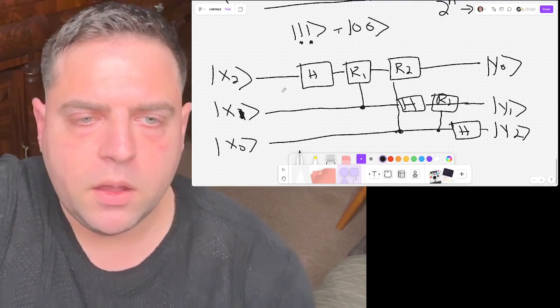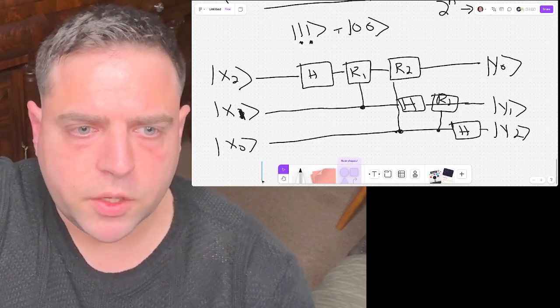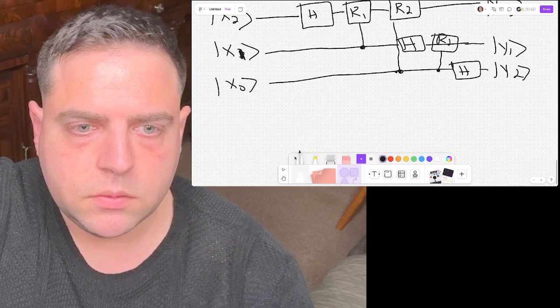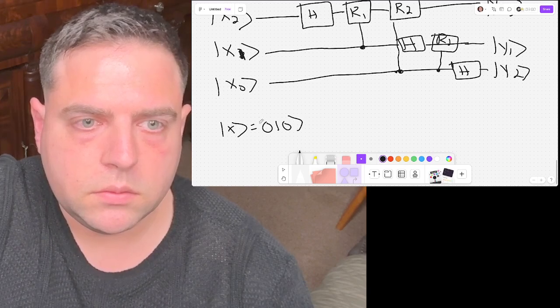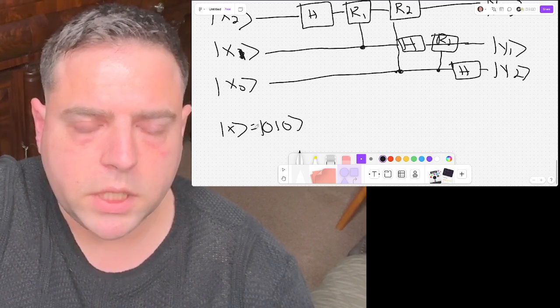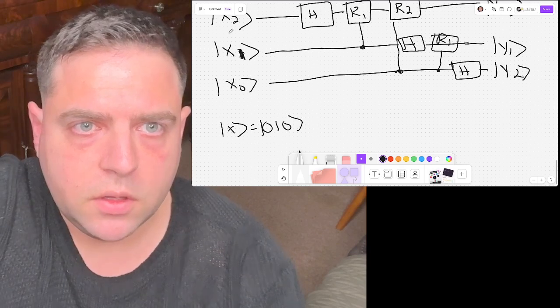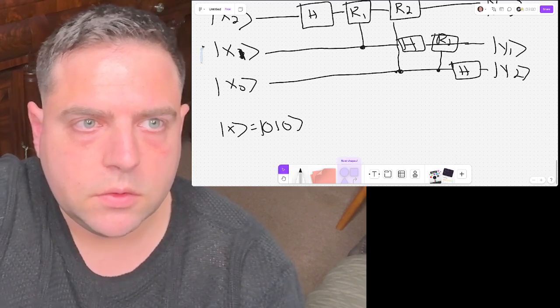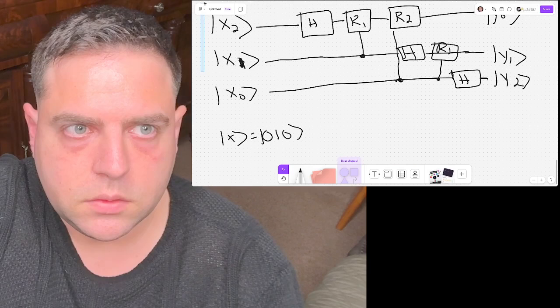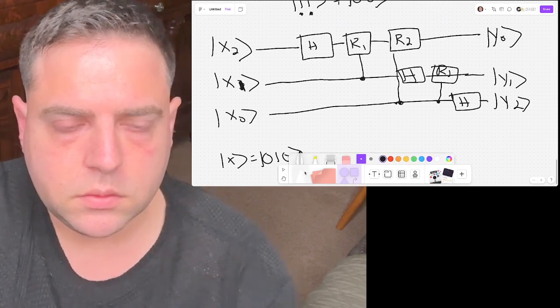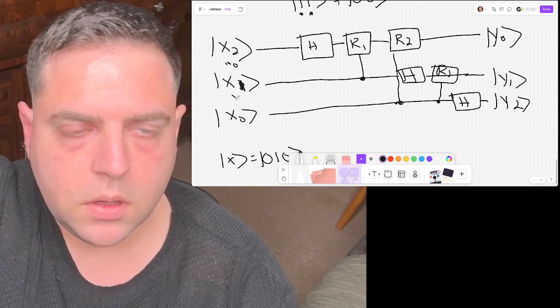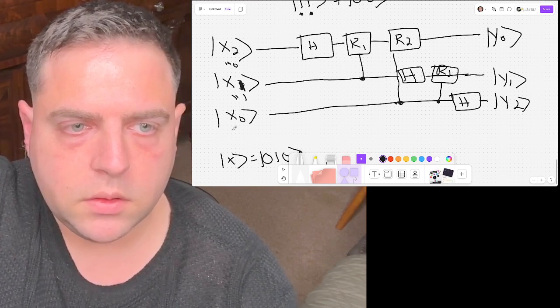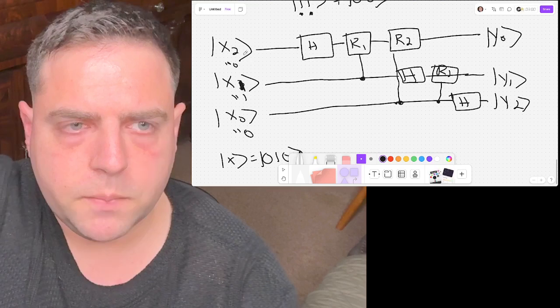All right, let's run through this circuit with an example. Let's say x is these three digits. The first is 0, x1 equals 1, x0 equals 0 again.